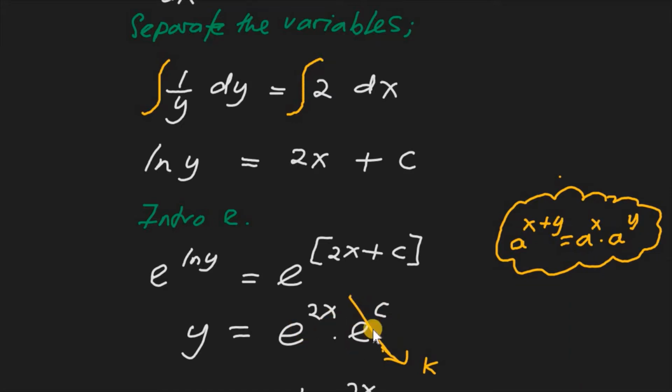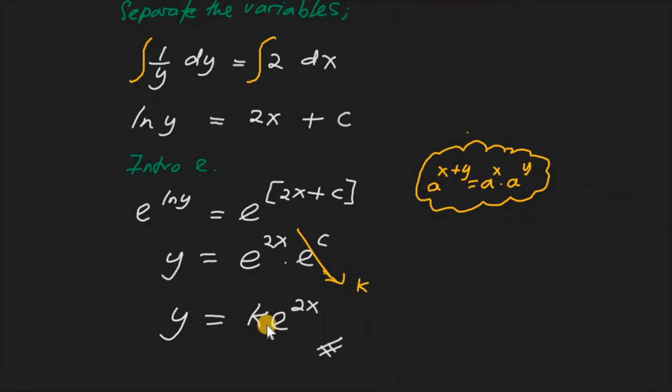And here, this is e power c. c is a constant of integration, so e power c is a constant. We can call this k. So if I call it k, we get y equals k e power 2x. So that is the answer. We have solved the differential equation.